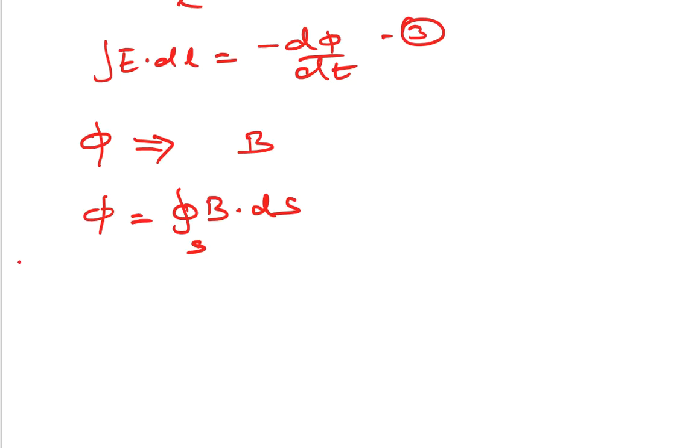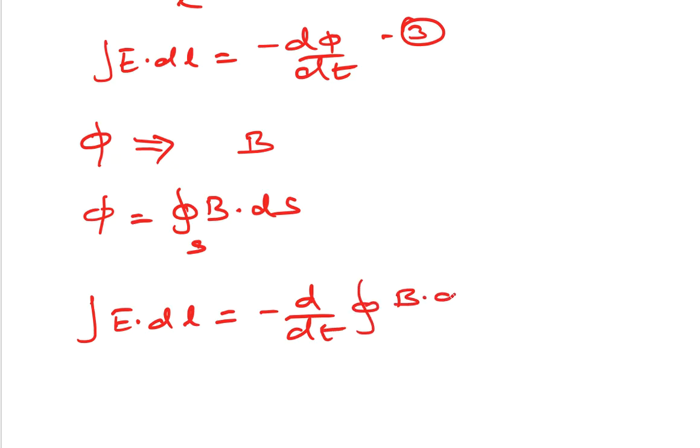In a surface, the flux which is coming out will be equal to B dot ds. Now equation 3 will apply for phi. So E dot dl equal to minus d by dt surface integral B dot ds. Take this differential term inside, so minus integration of dB by dt into ds.